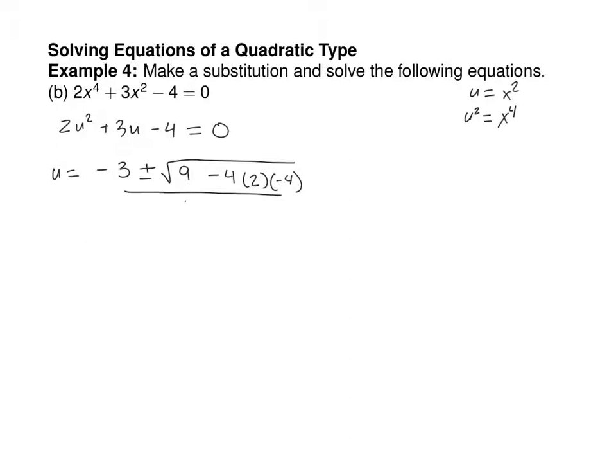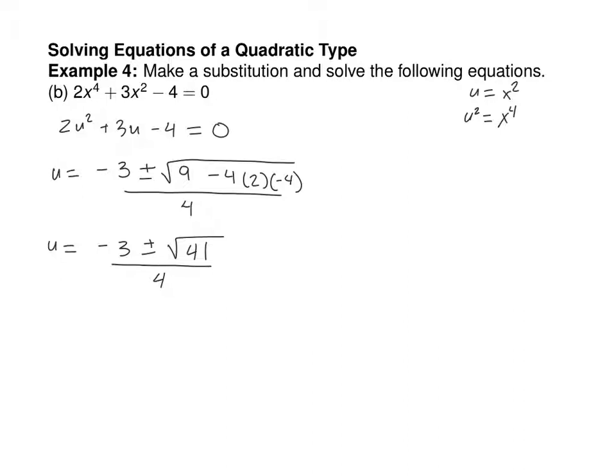All over 4. -3 plus or minus the square root of, you said 32? Oh, you said 9 plus 32. I see. The 4 times 2 times the 4 was 32. So square root of 41 in that case, yes? Okay, over 4.